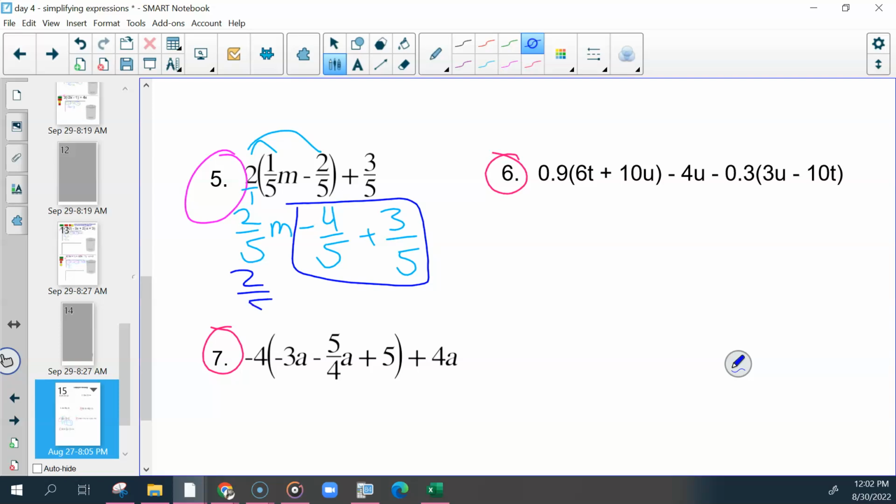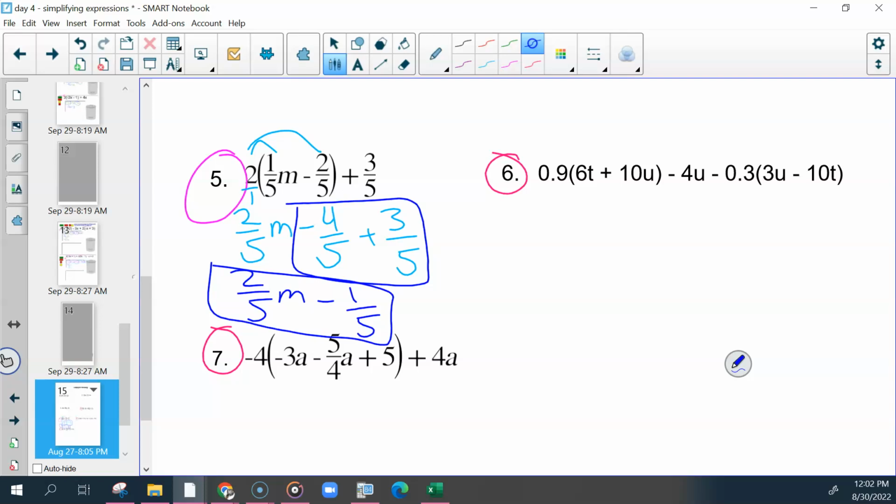So the 2/5 m would stay the same. Negative 4/5 plus 3/5 would be how much? I heard negative 1/5. So 2/5 m minus 1/5. Do you have any questions about that? Correct.